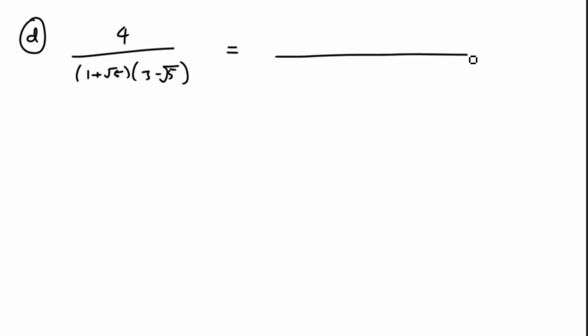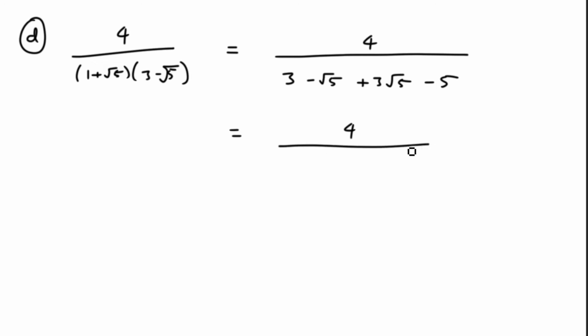So we will have 4 on our numerator. 1 times 3 is 3. 1 times negative root 5 is negative root 5. 3 times root 5 is 3 root 5. Root 5 times negative root 5 is negative 5. So what do we have? 4 over, now we have 2 root 5s, subtract 2.